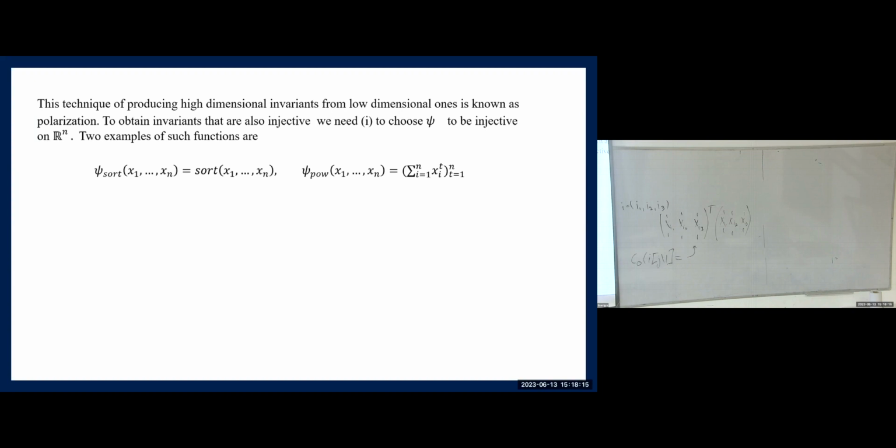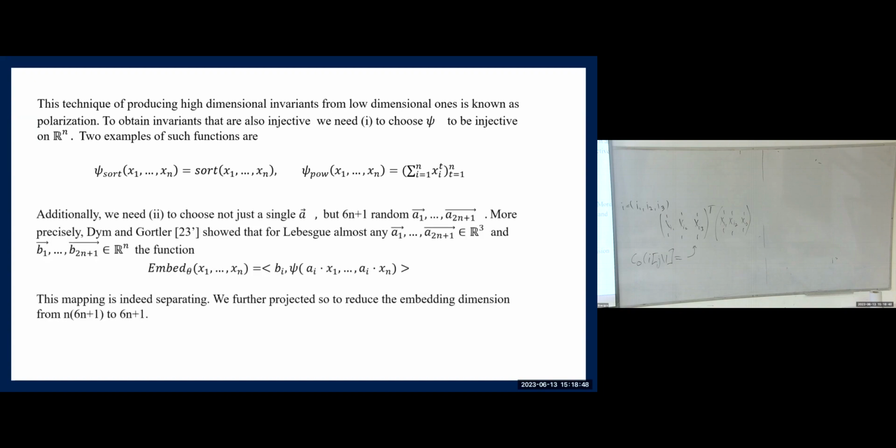Right? Vectors that are the same up to permutation are going to yield the same vector after sorting. If they're not identical, it's going to yield different vectors. But there are also the one-dimensional power sum polynomials that are also separating. Separating invariance means it's injective. So these two things both give us the same desired one-dimensional embedding.